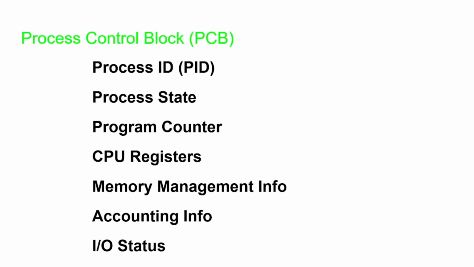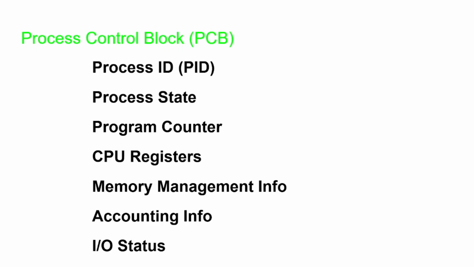Then the process state, like new, ready, running, etc. The program counter, the address of the next instruction to be executed. The CPU registers, used to resume the process correctly. Memory management information, like base and limit registers and page tables. Accounting information, like CPU usage, execution time, and priority.